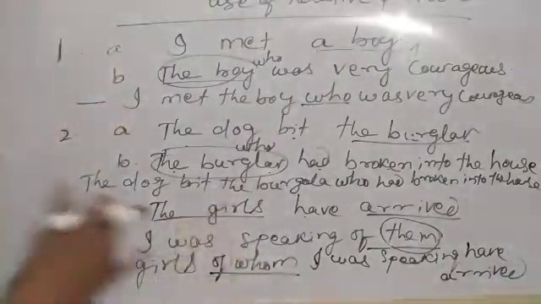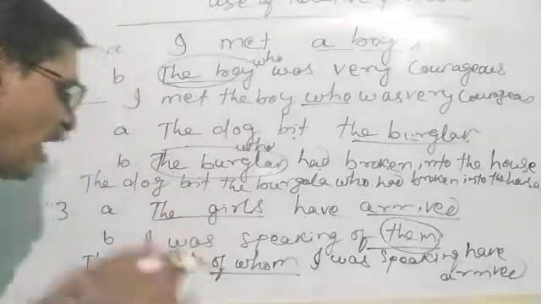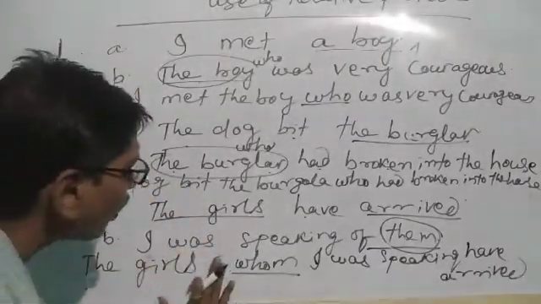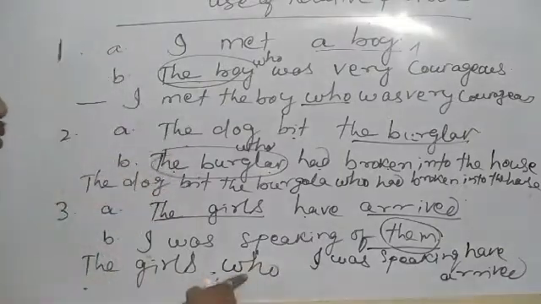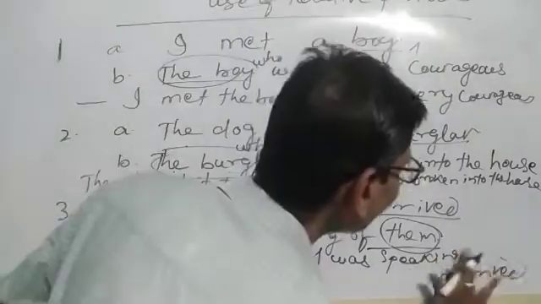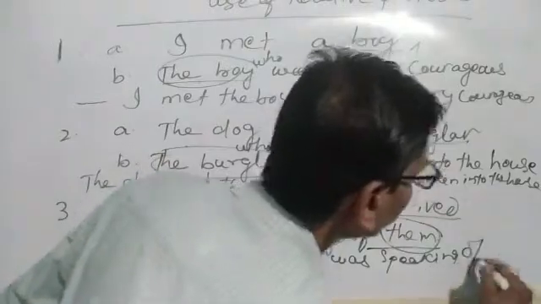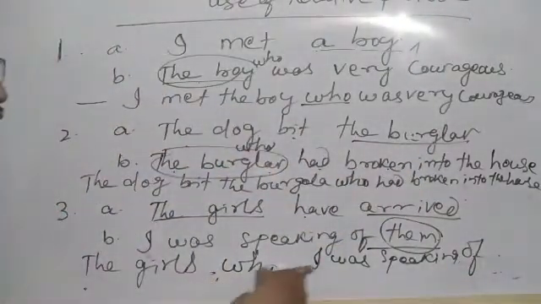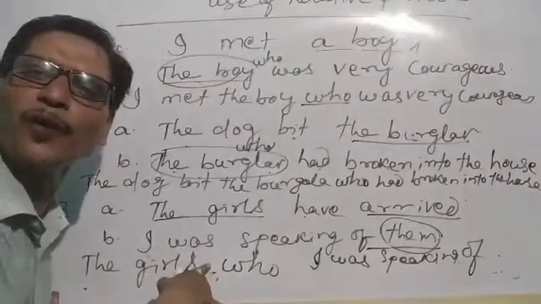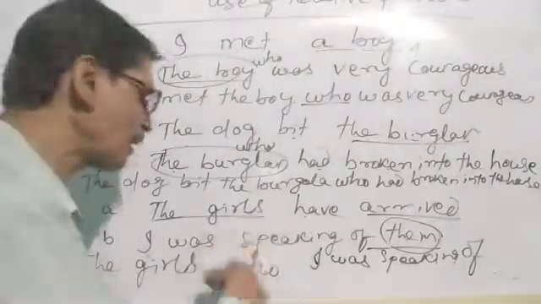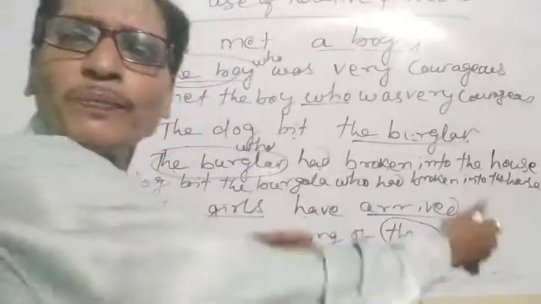But we can use who over here as well. How can we write it? Instead of whom, we can write who. The girls who I was speaking of. We did not keep the preposition before this relative pronoun. We have taken it after the verb.